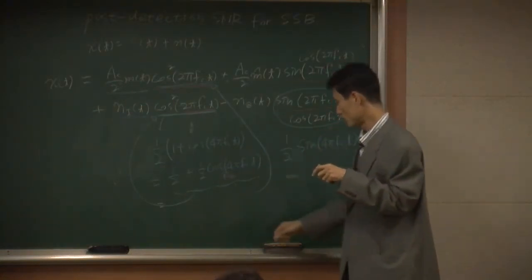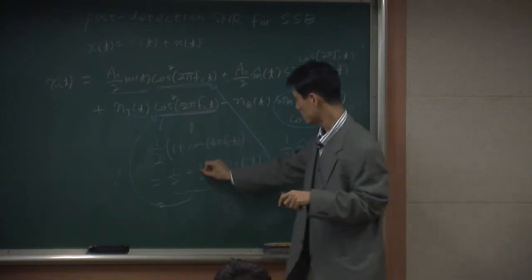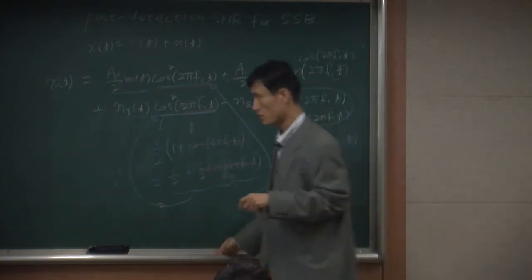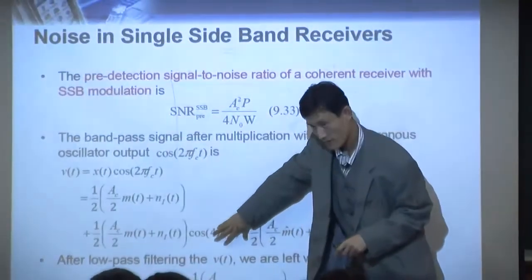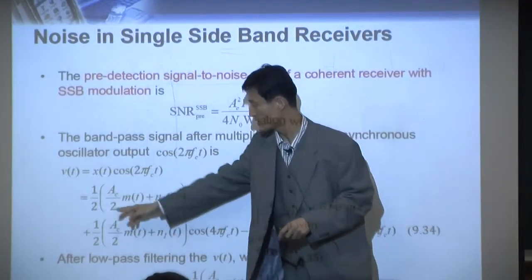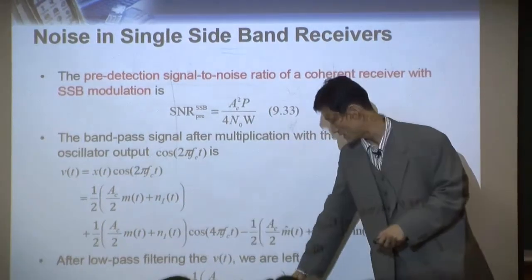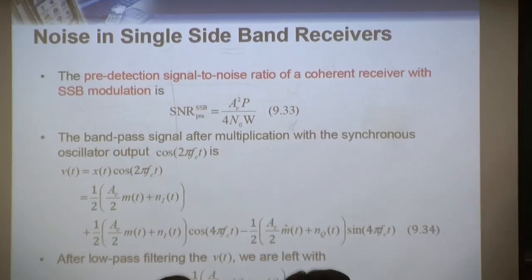So once you go through a low pass filter, we know that cosine, this sine, all gone. Or in other words, in here, this whole thing is completely gone. Now we only have this one. That's the output right here, the output of the coherent detector.